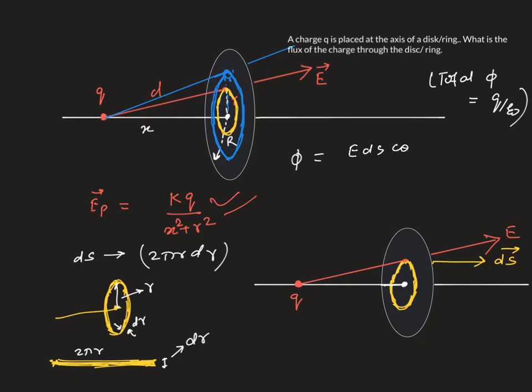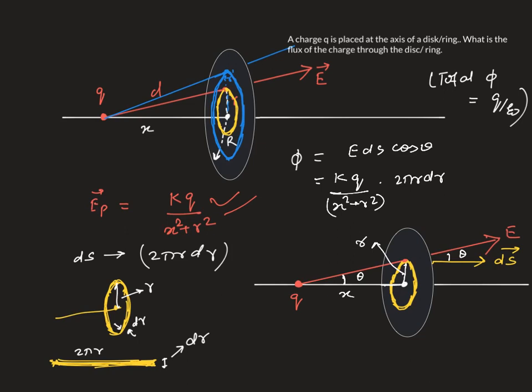E ds cos theta, where E is going to be kq upon x squared plus r squared. ds is going to be 2 pi r dr, and cos theta, as you might notice here, by the corresponding angles theorem, this is r, this is x.